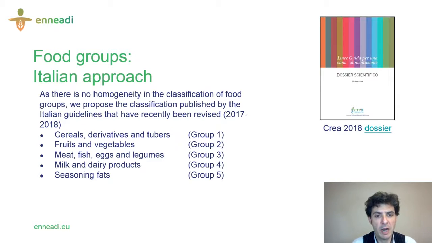Meat, fish, eggs, and legumes provide mainly protein. Of course, they have something else. Legumes have some carbohydrates. Meat, fish, and eggs have some lipids, of course. But the most important one, in terms of quantity, is represented by proteins.